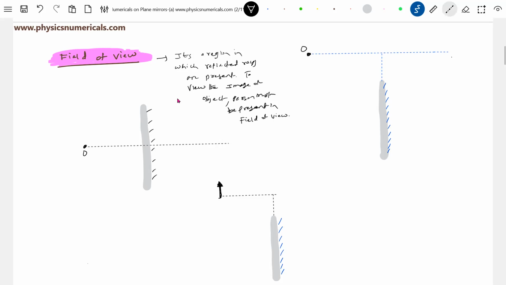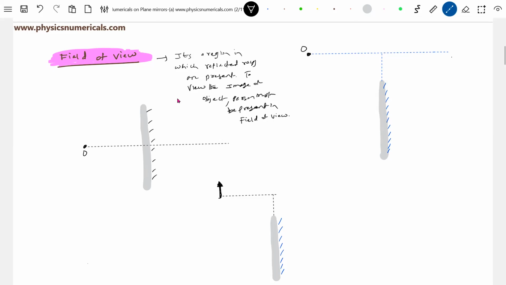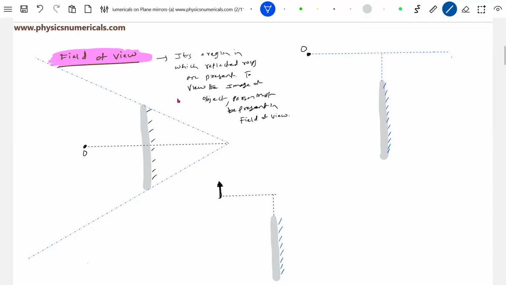Okay, let's take the extreme edges. So there's an incident ray.